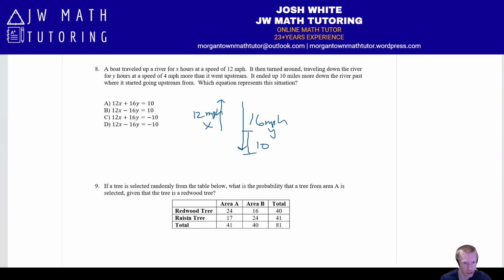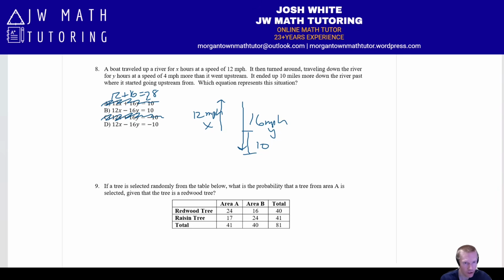So it goes 1 hour each direction. That doesn't make sense with the numbers in the problem, but just for this type of analysis, notice you're going to get 12 plus 16, which is 28, meaning the numbers are added together. It's not going to equal 10 because you're adding these two distances together. So the two things being positive is not going to be a possible correct answer to the solution.